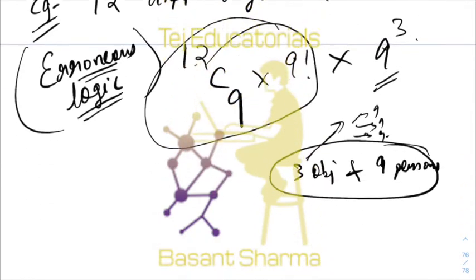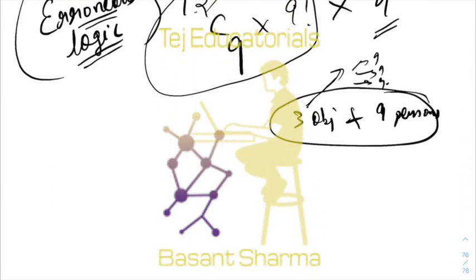Now the problem in this method is that there is overcounting in this answer, because recall that when multiplication is done, then order, if possible, is also counted in the answer. Consider the following case. Let's say the persons are P1, P2 till P9.